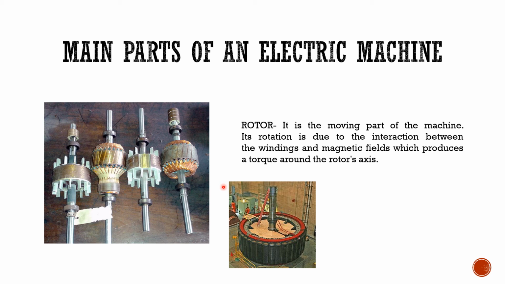It is from a Dampf-Hoover motor over here. So we have this huge rotor right here. So it basically produces a torque around the axis. This is the axis right here. So it is the moving part of the machine. We're talking about either a motor or a generator, right?